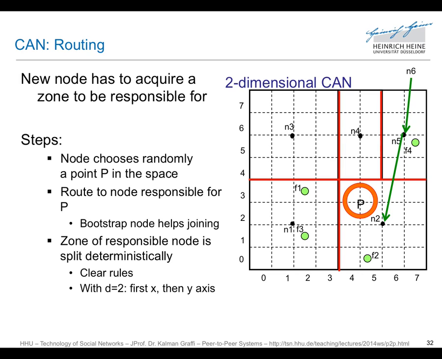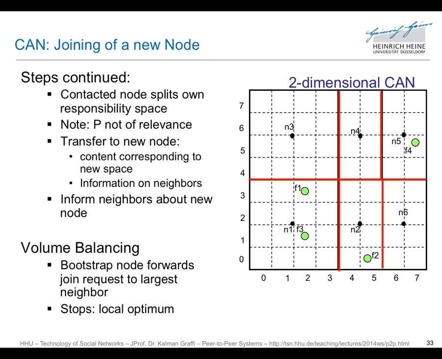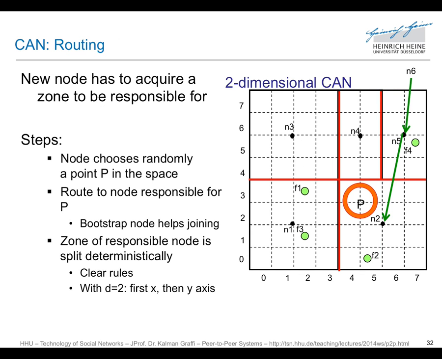What is interesting here with the routing is that we don't have O(log n) routing, but d times the d-th root of n. And why is this? So one moment, what is the routing complexity of CAN?